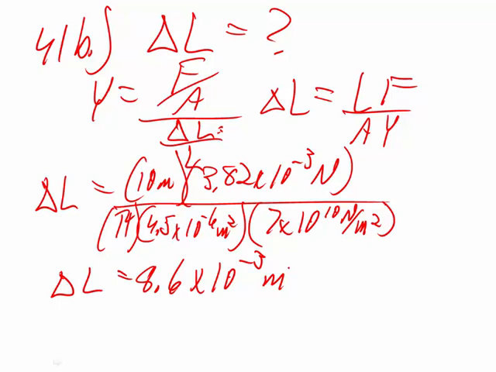Let's double check that math real fast. Times 3.82 to the negative third, divided by, okay, forgot to square that right there too. Sorry about that.